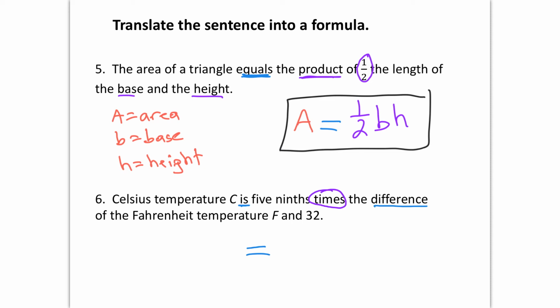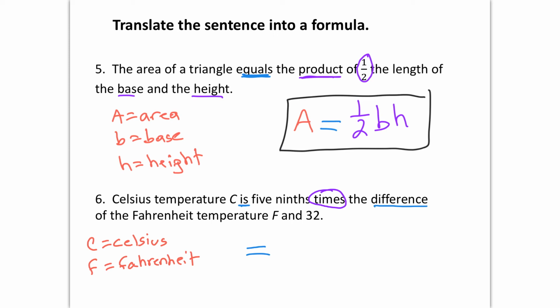So we do have two different variables. We know that C is going to be Celsius and F is going to be Fahrenheit. I'm going to use those different variables to write down my formula.